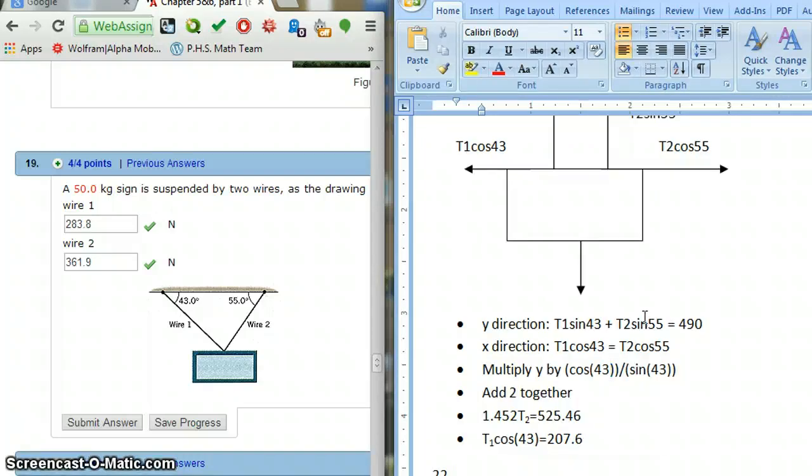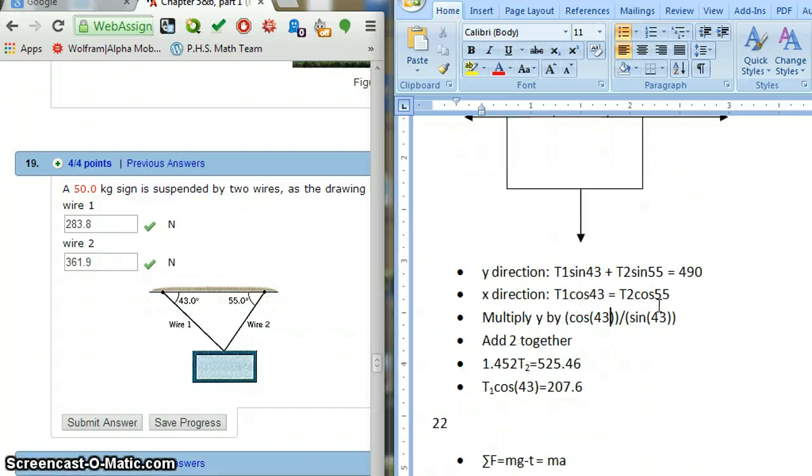Now what you basically have to do is use what's effectively a system of equations to find one or the other. So what I did was I multiplied this side by cosine of 43 over sine 43, and then you basically make one of these two terms cancel.